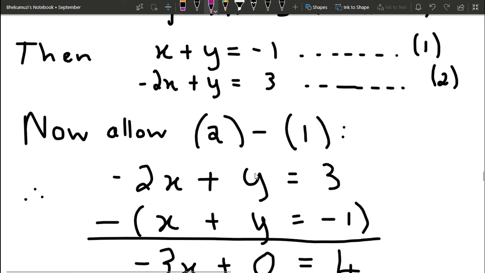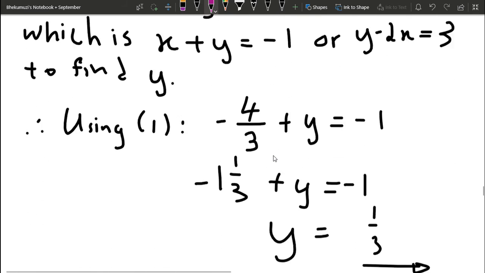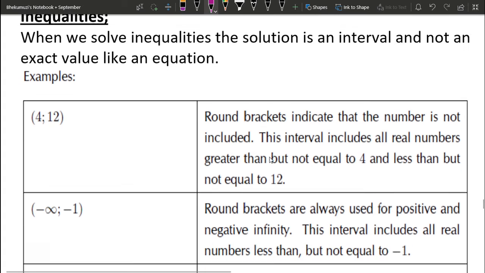But the key thing here is that for elimination to work, you need to have in both equations a variable that is the same. That is why I say, if you do not understand how to use elimination, please don't.